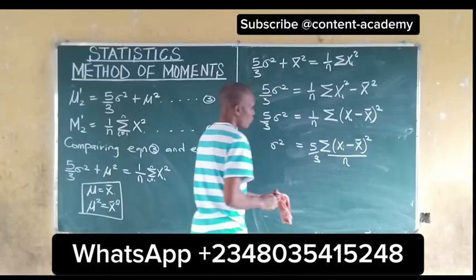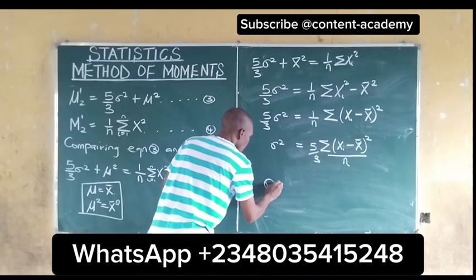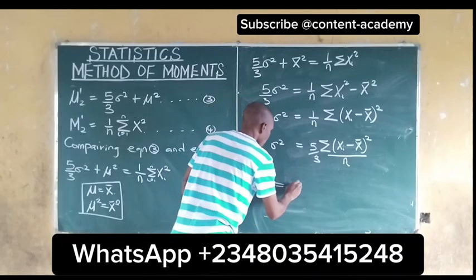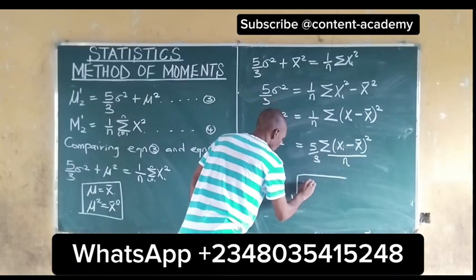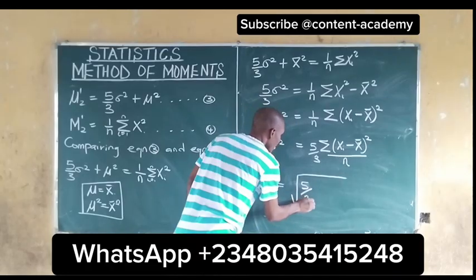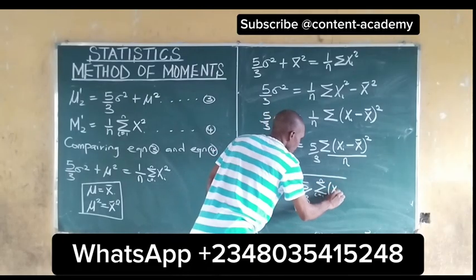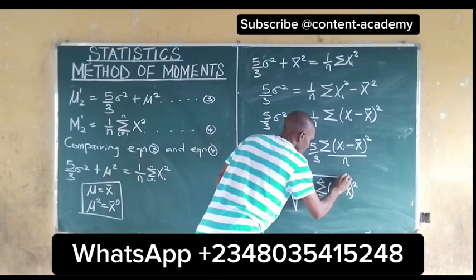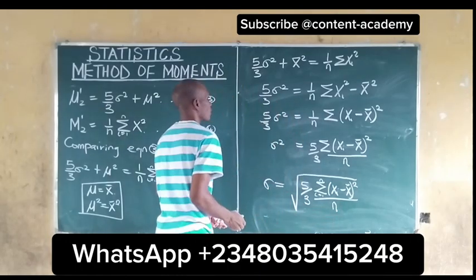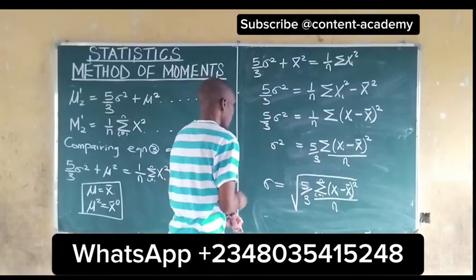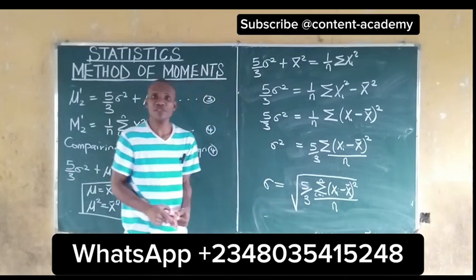If we take the square root of both sides of the equation, we have our method of moment estimate to be square root of 5 all over 3 summation of xi minus x bar all squared all over n. So this is what we have for the variance for our method of moment.